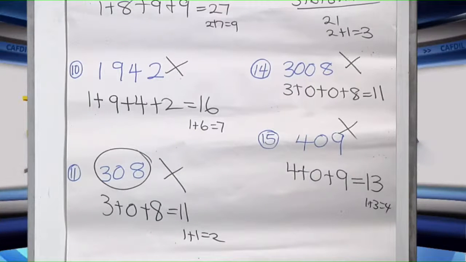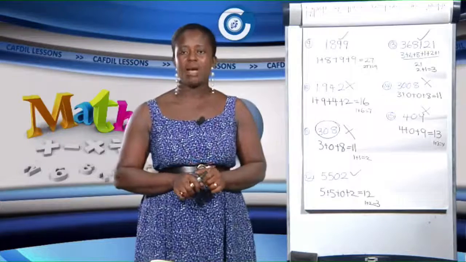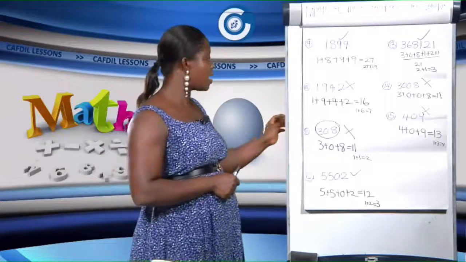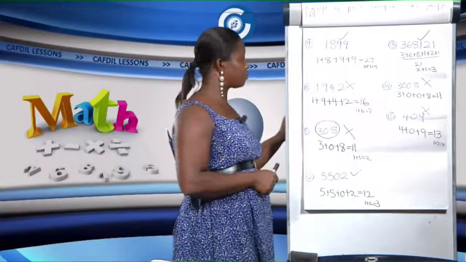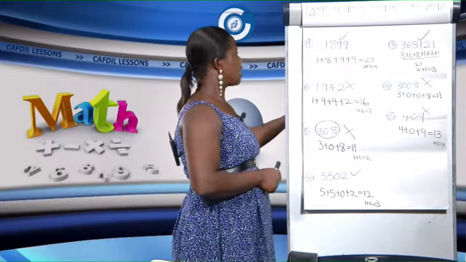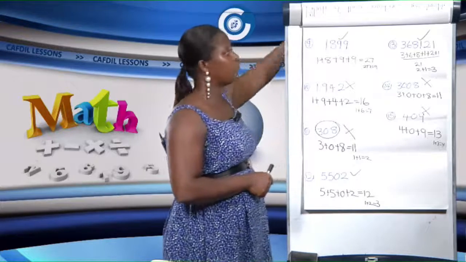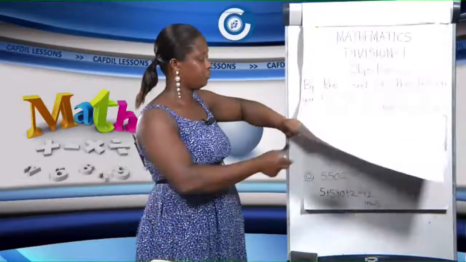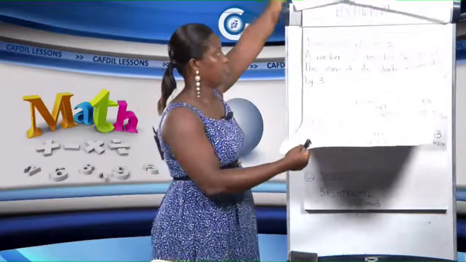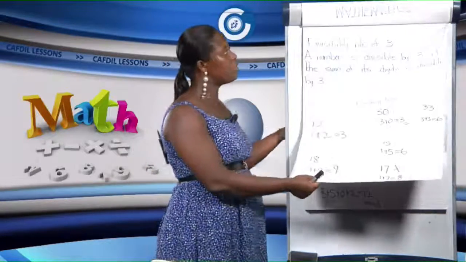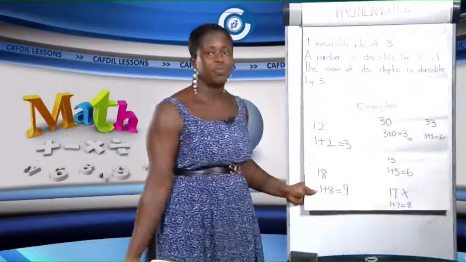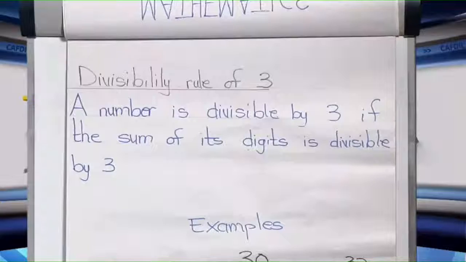Learners, we have come to the end of the lesson. You have an assignment, but before, I want you to write the rule down so that it will serve as a guide for you. Divisibility rule of 3. Take your book and then you copy it. A number is divisible by 3. I hope you are copying.